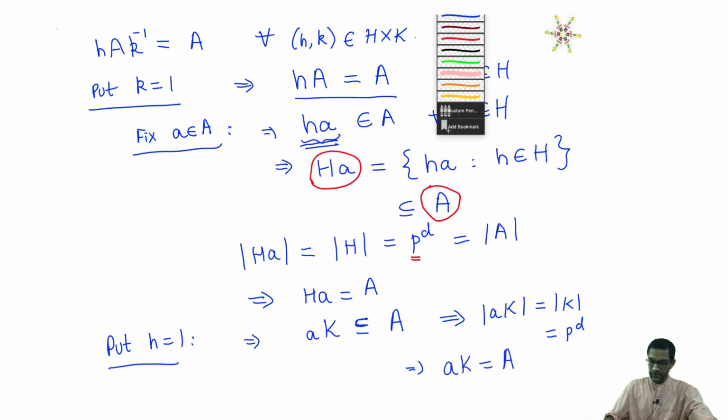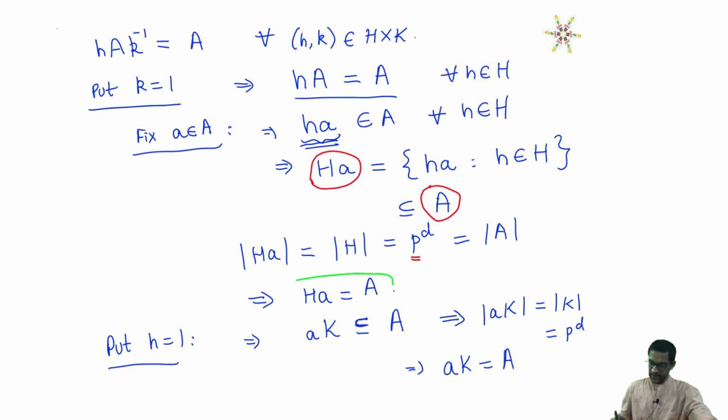Okay, so we have made the two conclusions that we are looking for. One is that HA is A, the other is that AK is A. So a certain right coset of H is equal to the corresponding left coset of K. HA is the same as AK, both are equal to the set A. Now we are done, because what does this say?